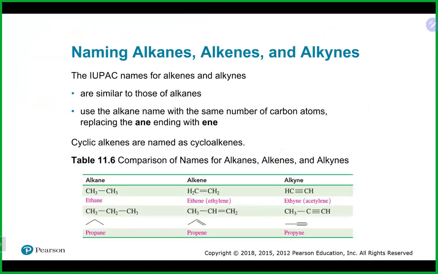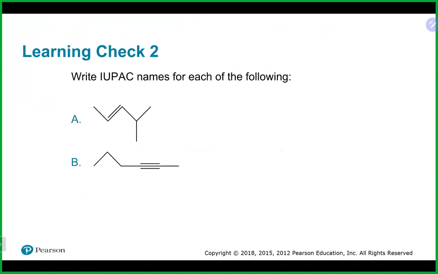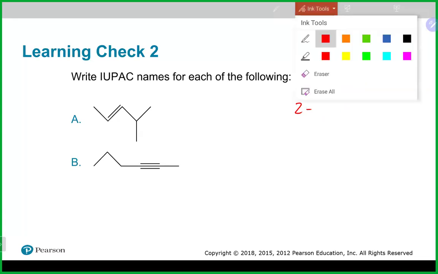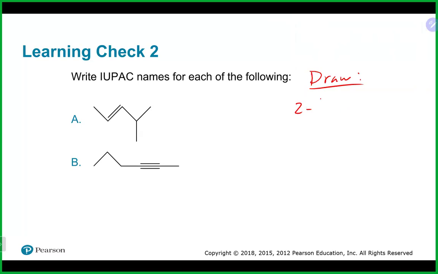Let's take a look at a couple more here. Why don't you draw 4-bromo-2-hexene?